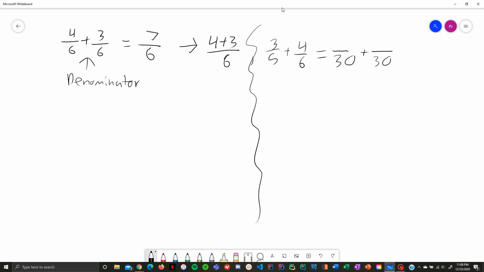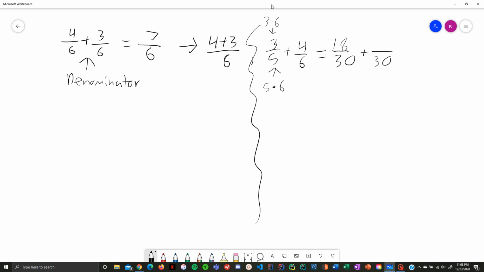So for this fraction, I multiplied the denominator by 6 to get 30, so we also have to do the same for the numerator. So 3 times 6, just keep in mind we also have to multiply this 3 by 6. I'll write this out down here too so you can see what I did. 3 times 6 would be 18.